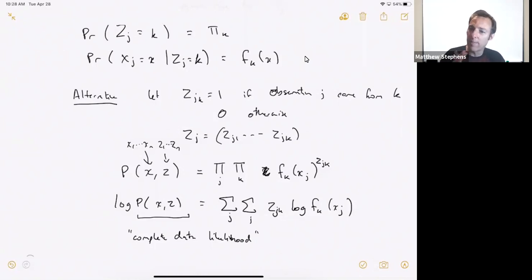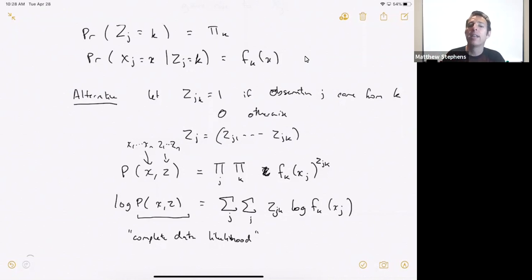It's definitely going to turn out that if we knew which component each observation came from, it would make inference in these mixture models a lot easier. So it can be helpful to temporarily assume we know these, or that they're observed. So that's the complete data log likelihood.